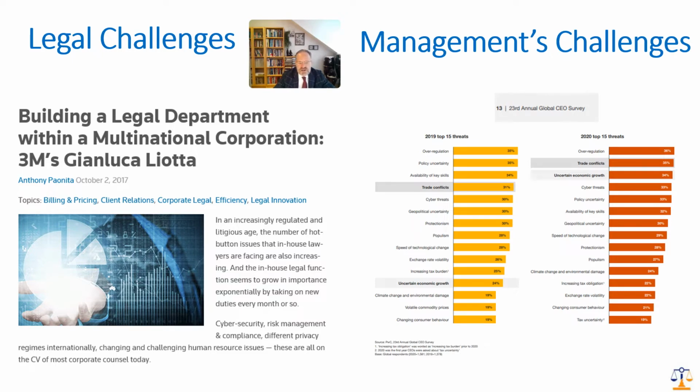And we see here at the bottom cybersecurity, we see risk management, we see compliance emphasized as an increasingly complicated area to manage, privacy issues, the changing and challenging human resource issues. Think about the changes in employment law which take place in all kinds of countries, including the Netherlands.